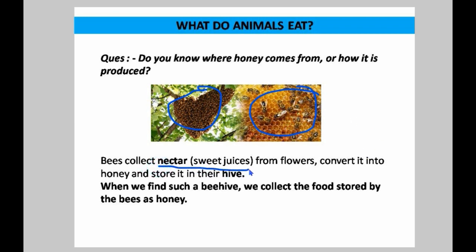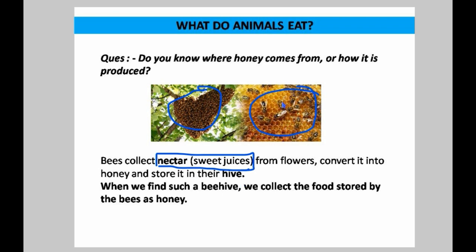That sweet juice is known as nectar. This is important again: that sweet juice is nectar that has been collected by bees from the flowers. जो flowers से bees sweet juice collect करती है उसको nectar कहा जाता है. After that, they convert it into honey and store it in the hive. They convert that sweet juice and then store it in the hives.